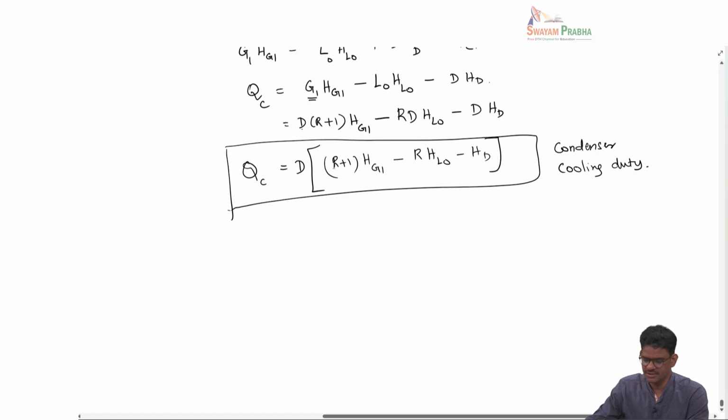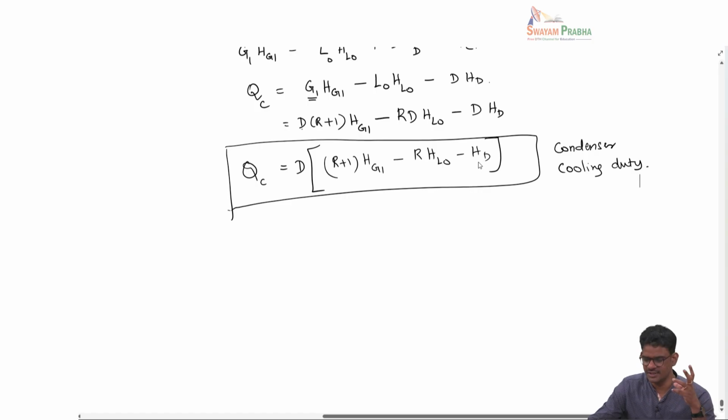You can see what this depends on. This depends on the reflux ratio and the enthalpy of three streams. What is the enthalpy of the incoming vapor, whether it is saturated or superheated, is given in this Hg1. HL0 and HD are the enthalpies of the liquid reflux and the distillate.